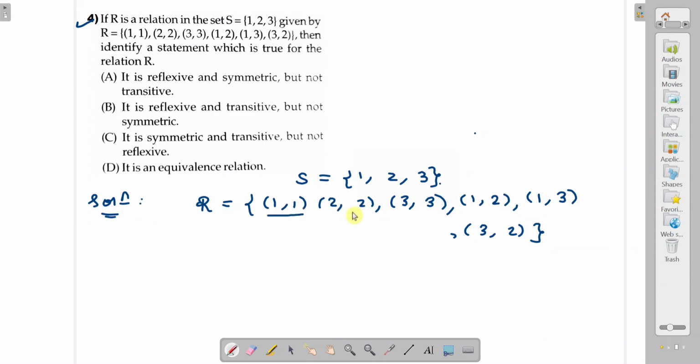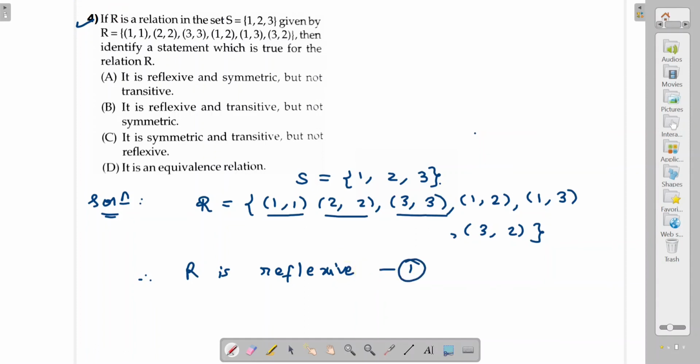So you have (1, 1), (2, 2), (3, 3), right? So for every a you have this ordered pair. So this relation is first of all reflexive. So R is reflexive, right? So we'll call this as 1.